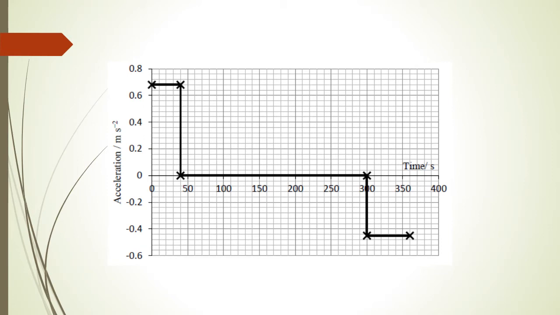First, constant acceleration. Here the vertical line should be there. This represents the object moving into the next level, with zero acceleration. Here zero acceleration, then 300 to 360 second it is again constant but negative. So this is the graph.